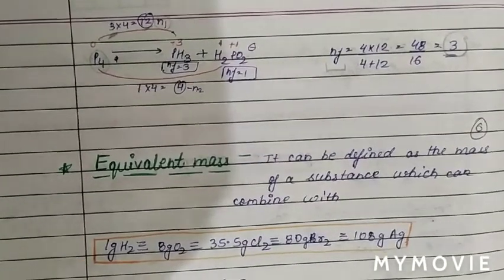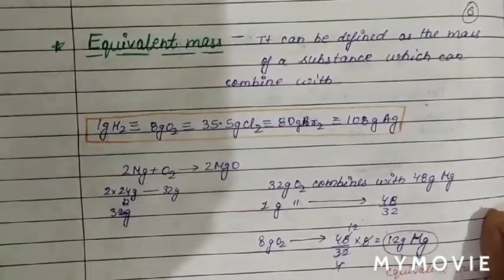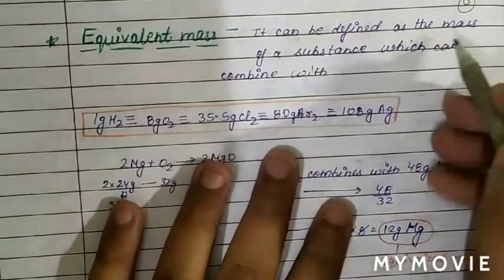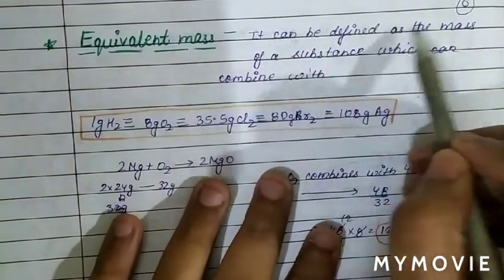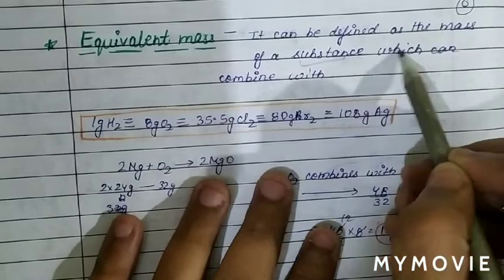Now we will discuss our next topic, which is equivalent mass. See, what is equivalent mass? As we know, equivalent mass is defined as the mass of a substance which combines.